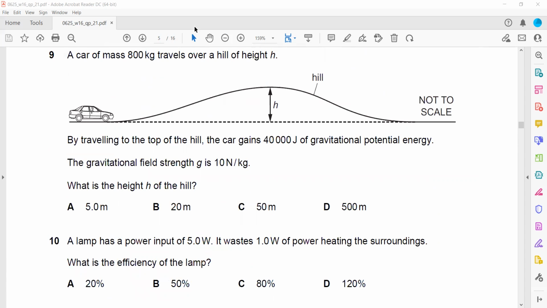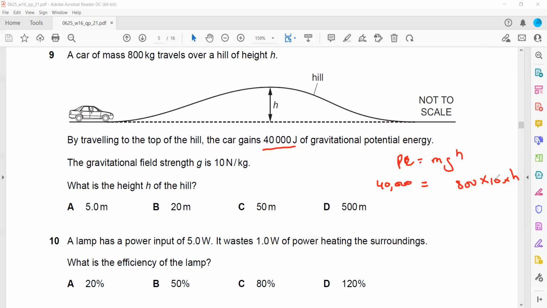A car of mass 800 kilograms travels over a hill. By traveling to the top of the hill, it gained 40,000 joules of potential energy. What is the height? We have the formula potential energy P equals mgh. So 40,000 joules of potential energy it gained. The mass of the car is 800, the gravity is 10, and the height we don't know.